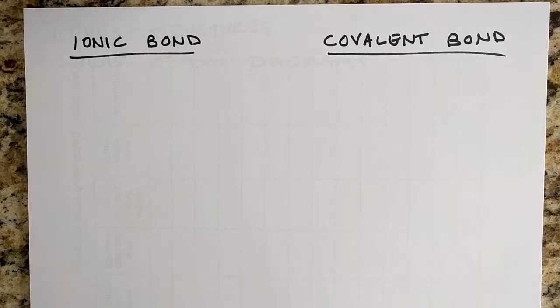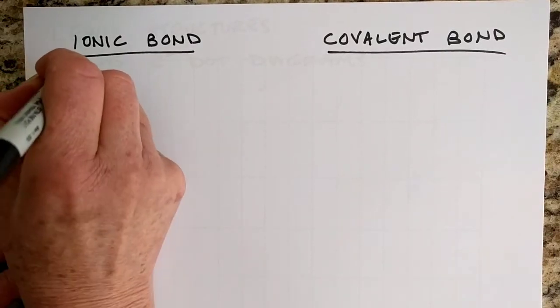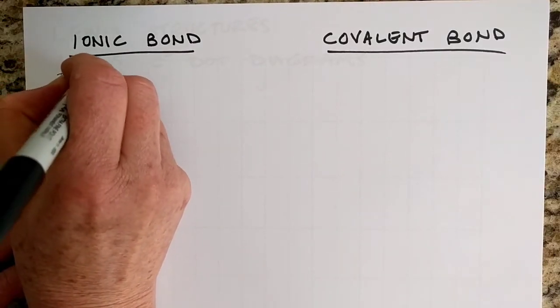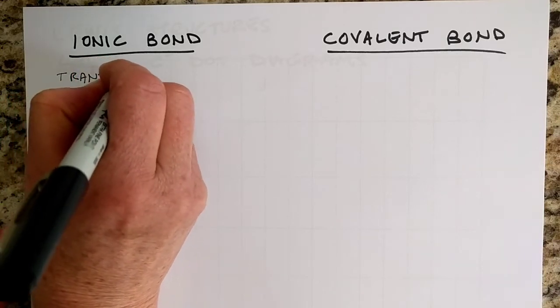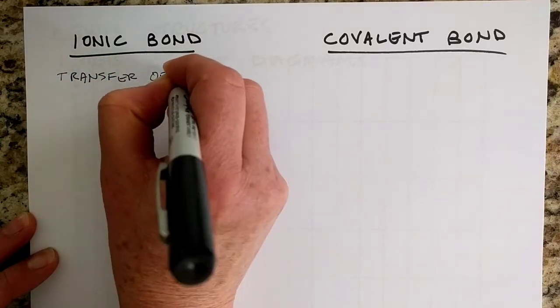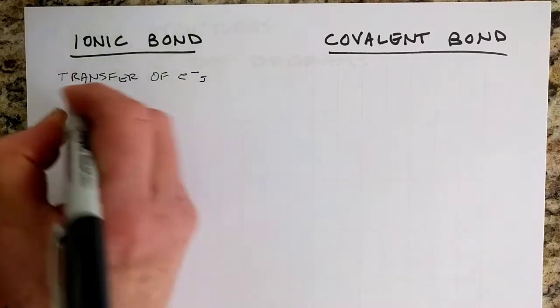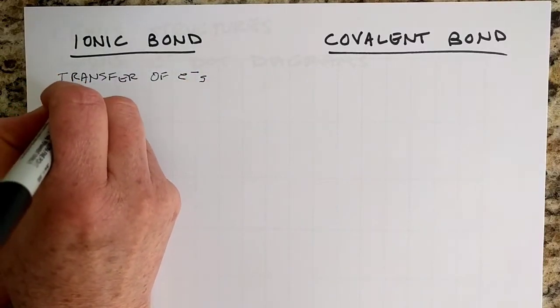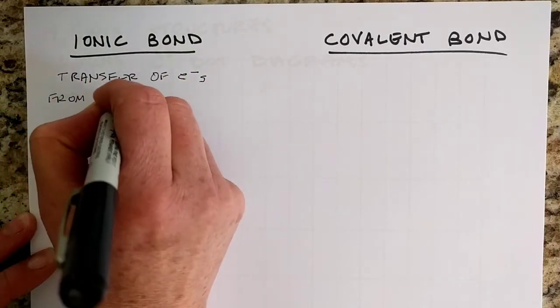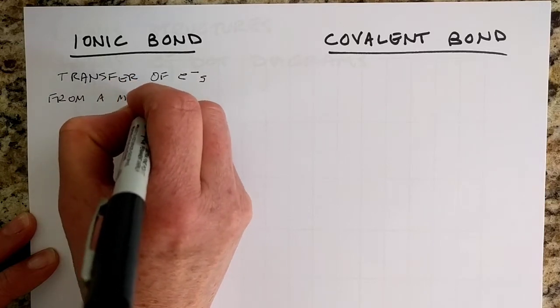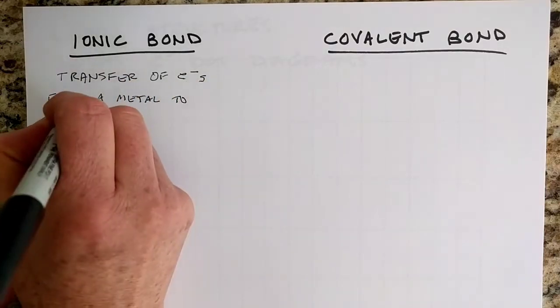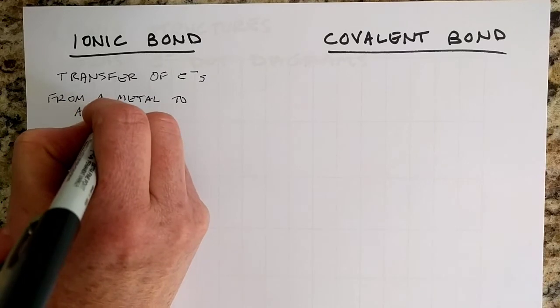Okay, so an ionic bond, as we learned, involves the transfer of electrons from a metal to a non-metal.